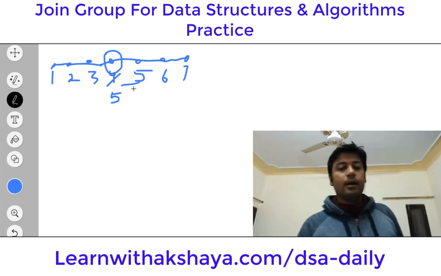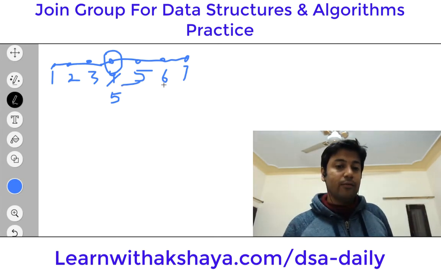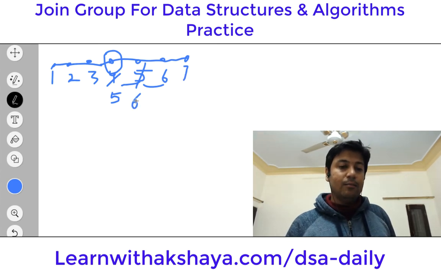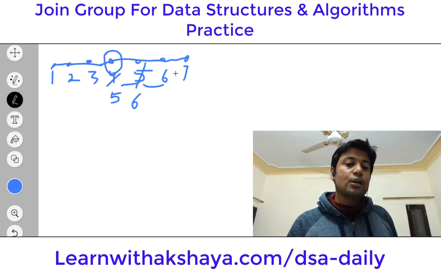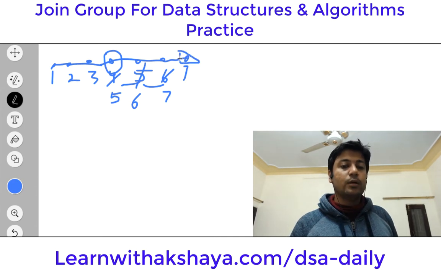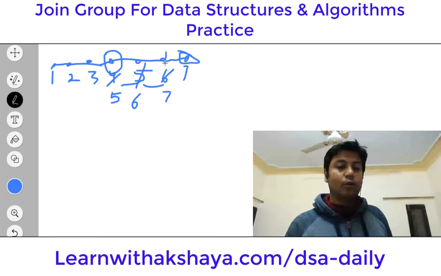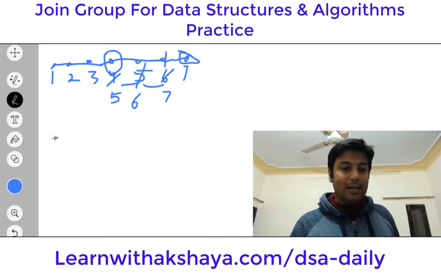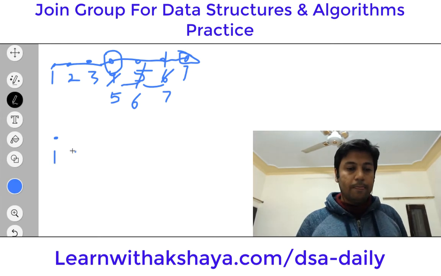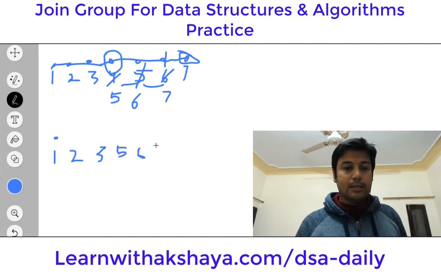And in the next step we are going to copy 6 to 5, so this will become 6, and then because there are 2 sixes, we have to get rid of the second 6, so we are going to copy 7 over here. When we have 2 sevens, we can simply remove the last one, completely cut it by doing 7.next equal to null, right? So eventually our linked list will look like 1 2 3 5 6 and 7.